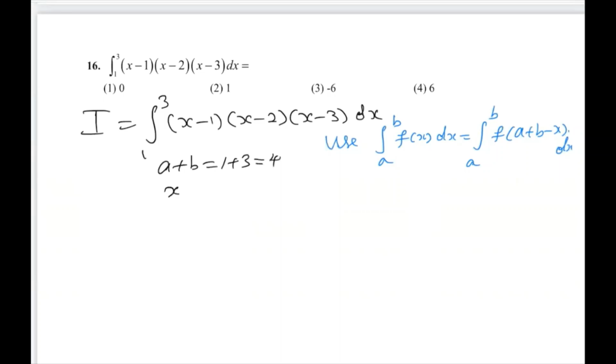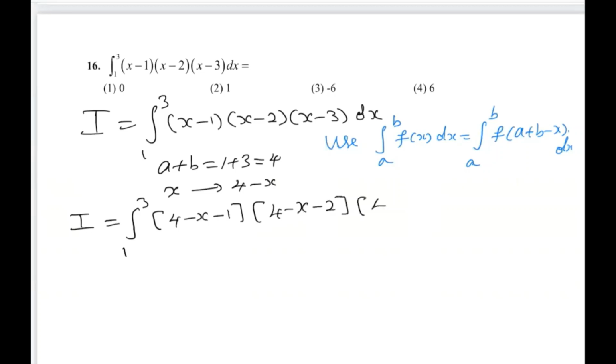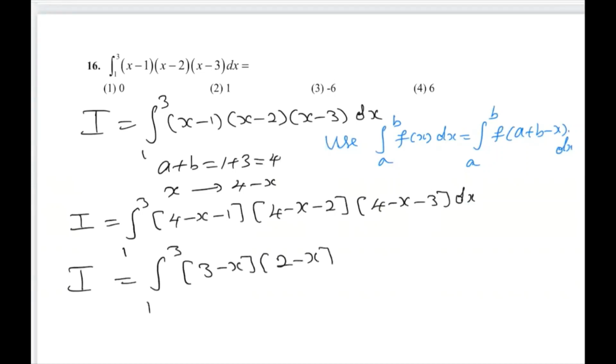Wherever x is there, replace it by 4 minus x. Now it becomes the integral from 1 to 3 of (4 minus x minus 1)(4 minus x minus 2)(4 minus x minus 3) dx. So I is the integral from 1 to 3 of (3 minus x)(2 minus x)(1 minus x).